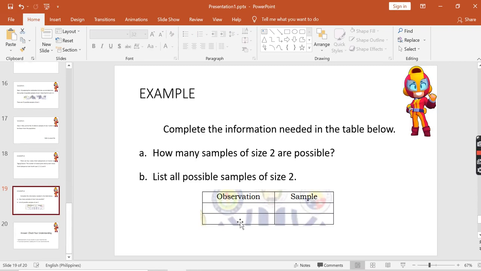So we have here observation and the sample. Okay. So how many samples of size 2 are possible? So list down all possible samples of size 2. Alright, so let's try to figure that out.